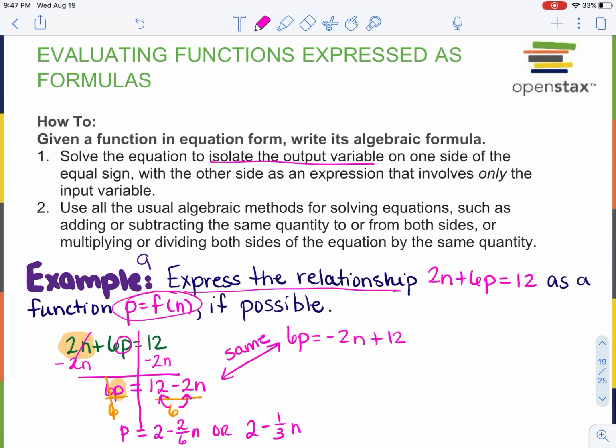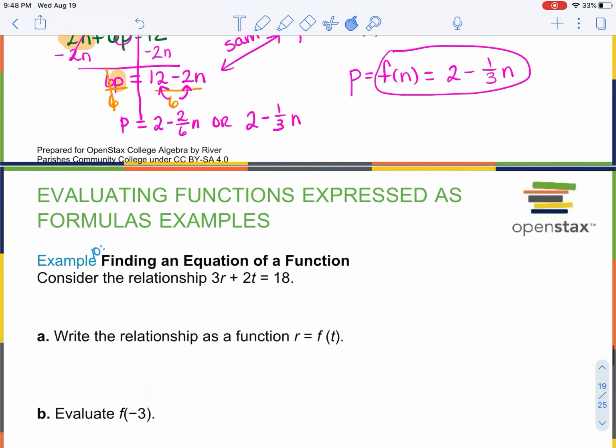So in this format, we have p is equal to f of n, which equals 2 minus 1/3 n. And that's really all they wanted us to do there, is to basically solve it for n and then write it as a function.